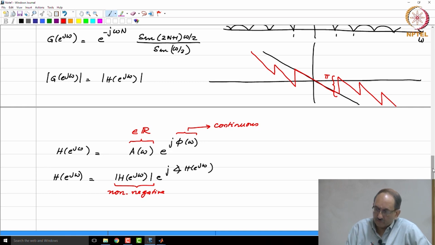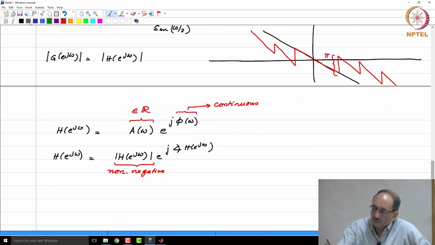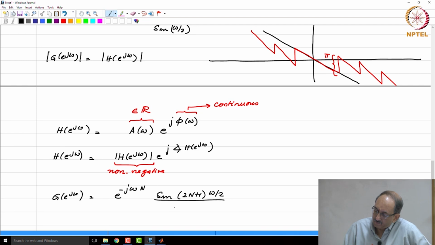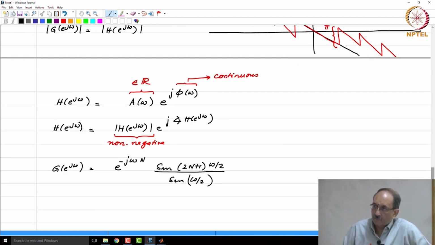And again, considering the example we have just now seen, we have seen G of e to the j omega as e to the minus j omega n times sine of (2n plus 1) omega by 2 divided by sine of omega by 2.